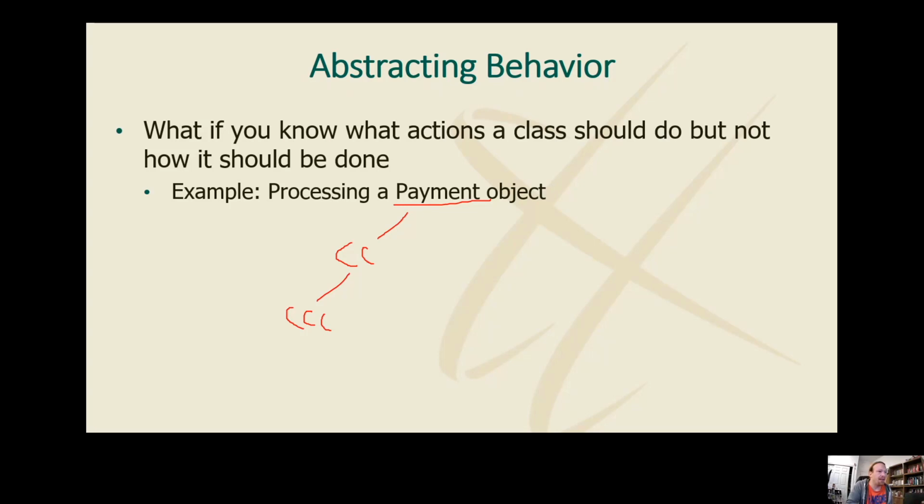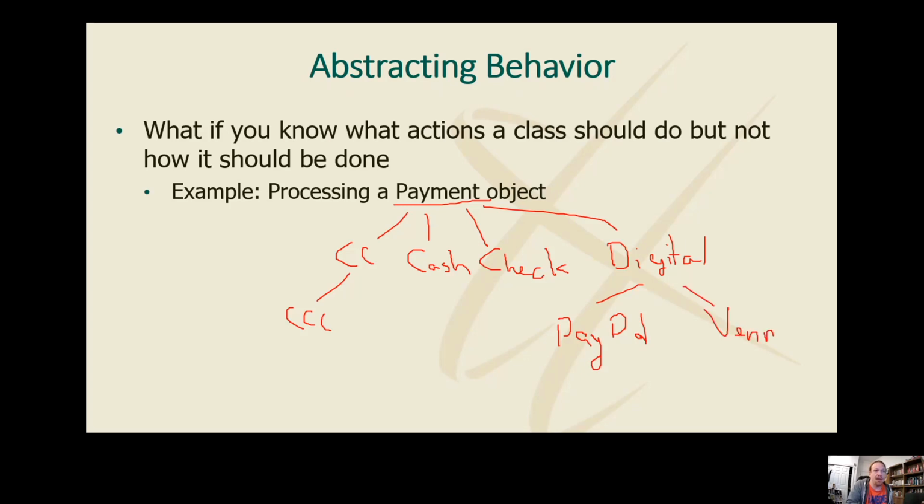But we could also have things like cash. We could have a check. We could have digital products, right? And by that, I mean things like PayPal or Venmo or Zelle is a product that's out there, I know, right?